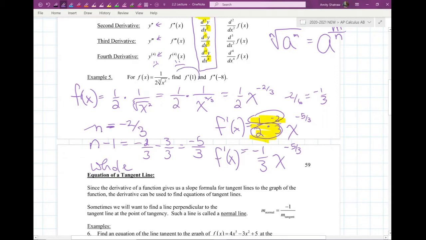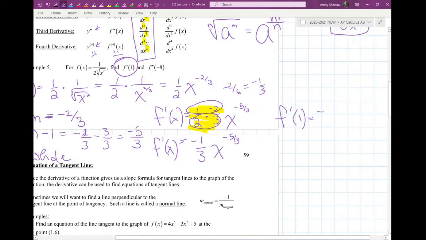I was asked to plug in 1. And I already knew my answer was going to be super easy because finding a fractional power like 5/3 is very difficult unless you're dealing with 1, in which case the answer is 1. 1 to any power is 1. So I'm going to find that f prime of 1 is going to be equal to negative 1/3 with 1 going in there, and I take it to a power.